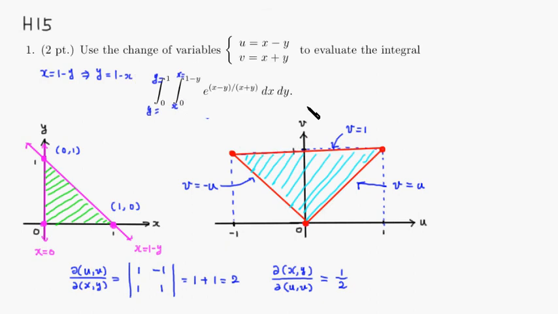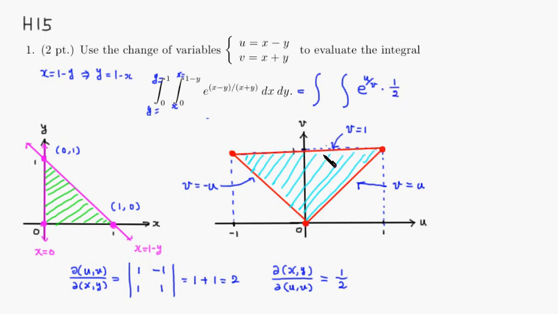The integral equals a double integral, and we want to rewrite the function in terms of u and v. This is fairly easy. E to the, on top is u, on the bottom is v, so u over v. Then you put the Jacobian, which is 1/2, so times 1/2.